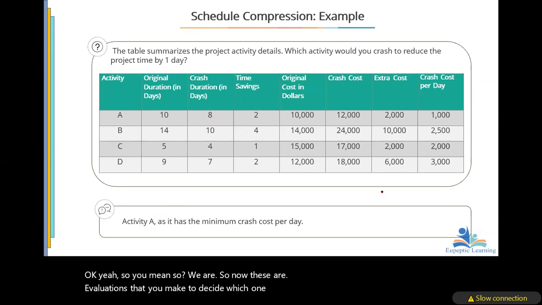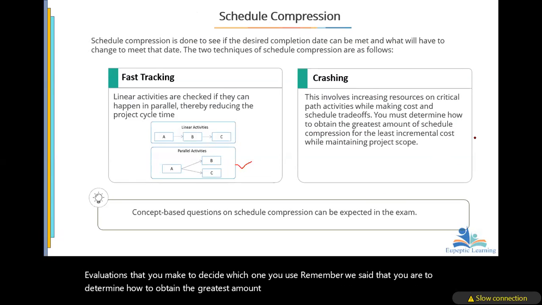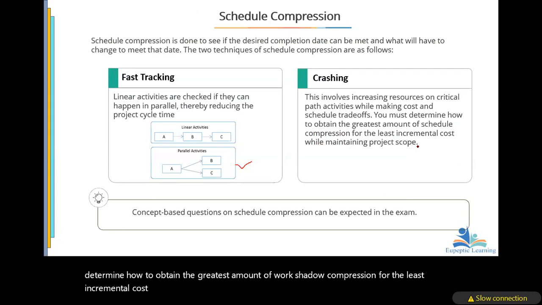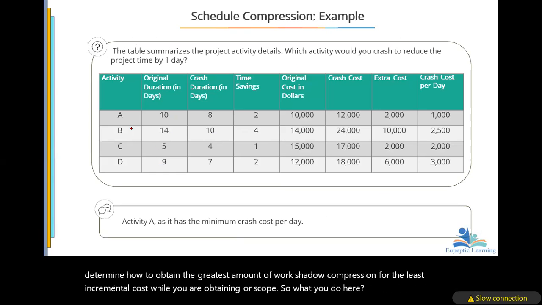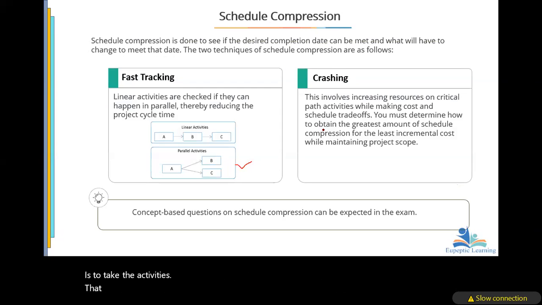Remember, we said that you are to determine how to obtain the greatest amount of schedule compression for the least incremental cost while you are obtaining scope. So what you do here is to take the activities that are on the critical path, because according to this, resources on the critical path.